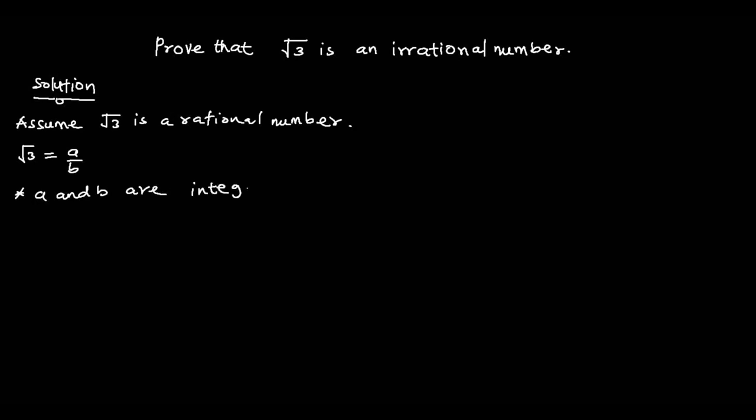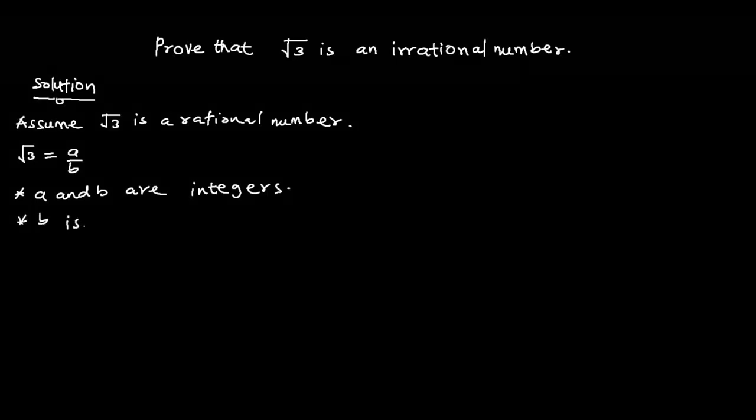and integers are whole numbers, positive or negative whole numbers. And also b is not equal to 0, and the fraction is in its simplest form, which means the only number that can divide a and b without a remainder is 1.